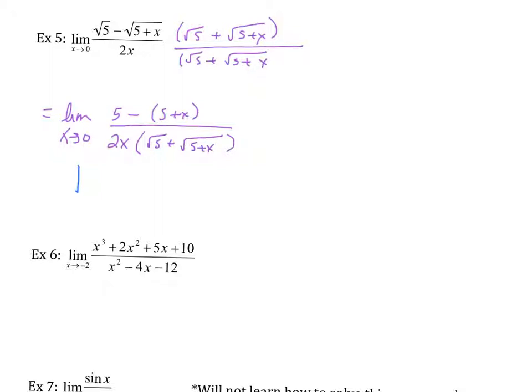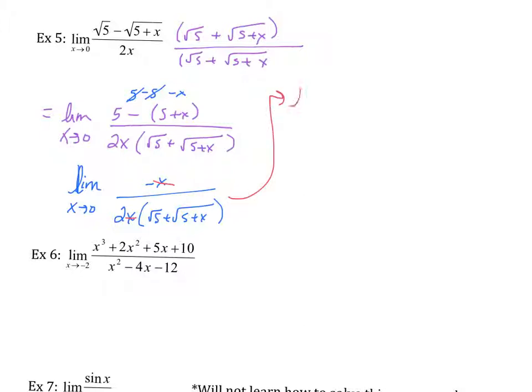In our numerator, this simplifies to give us 5 minus 5 minus x, and the 5 minus 5 cancels. So now I see the limit as x approaches 0 of negative x over 2x times root 5 plus x. We have freed the x, and the x can cancel away.